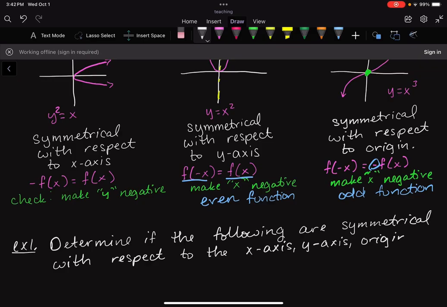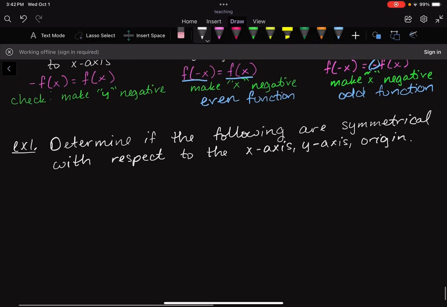So we're going to see if they're symmetrical to any of these. And so for our first one, we're going to do y equals absolute value of x.